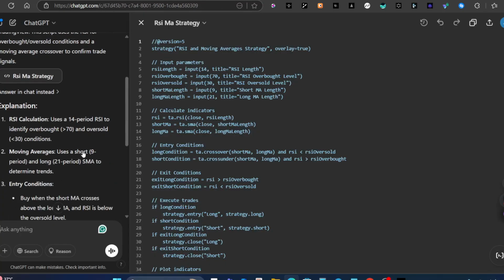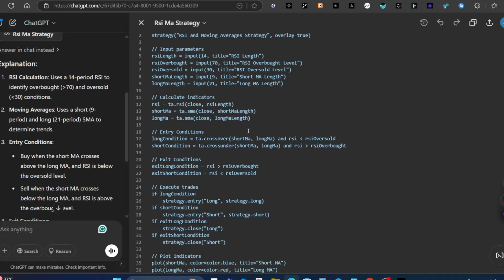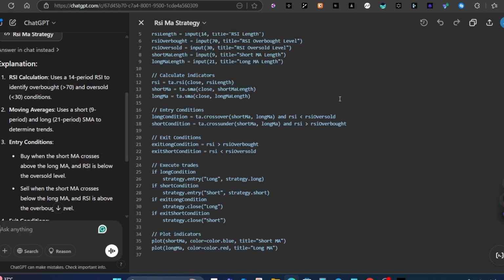But basically, ChatGPT has already generated a strategy for you, which you can use manually. But what I'm talking about right now is if you want the strategy to be automated on TradingView, then you can use this script on TradingView. All right. If you want to execute your trades manually, you can see these are the parameters for the strategy.